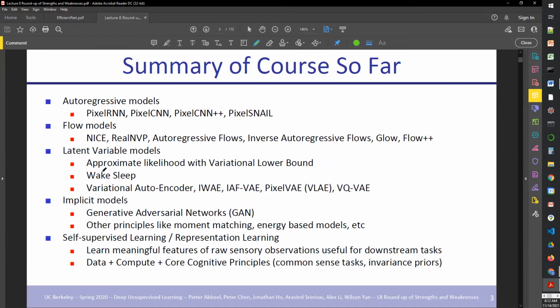I recall him saying just that wake-sleep is a prior technique, so I don't think this was covered by the course in any detail, but again, this is no longer in use and is a legacy method, if you will. We discussed autoencoders, importance weighted autoencoders, PixelVAEs, and then vector quantized variational autoencoders.